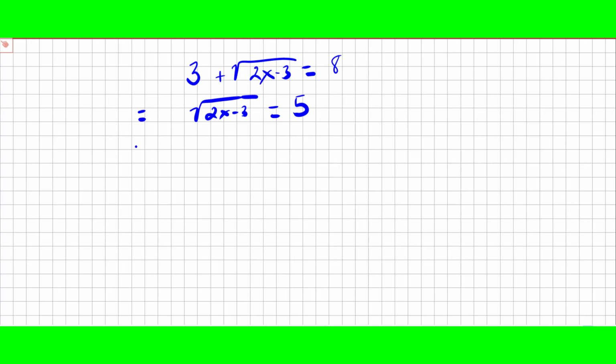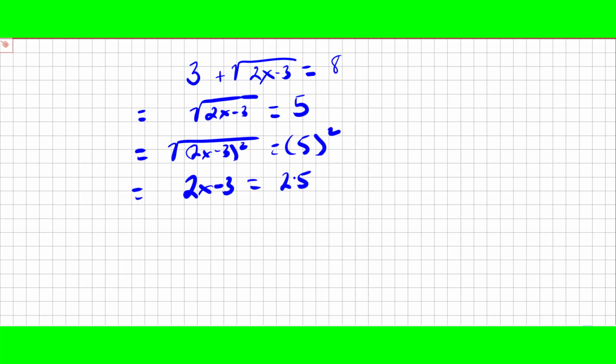Now if I square both sides, the square root of 2x minus 3 squared is 2x minus 3, and 5 squared is 25.